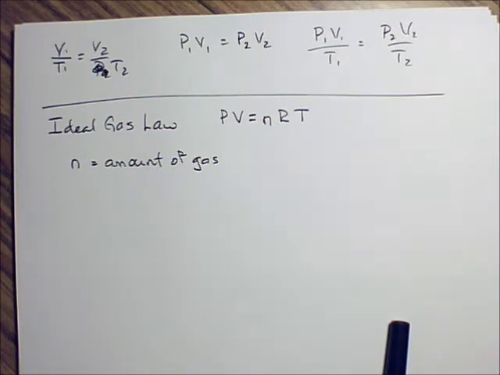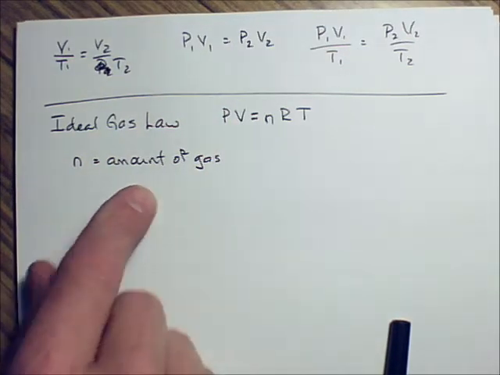What's the SI unit? This is from Unit 1. Oh, it's the SI unit for the amount of substance, and that's what we're doing here. It's the amount of gas.